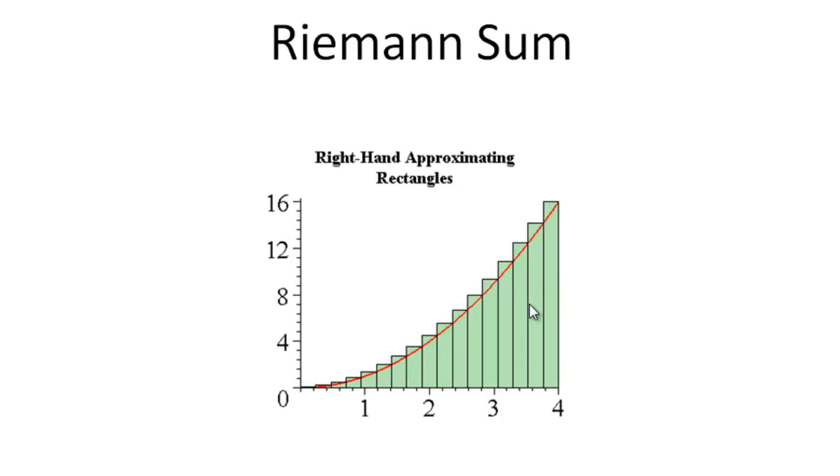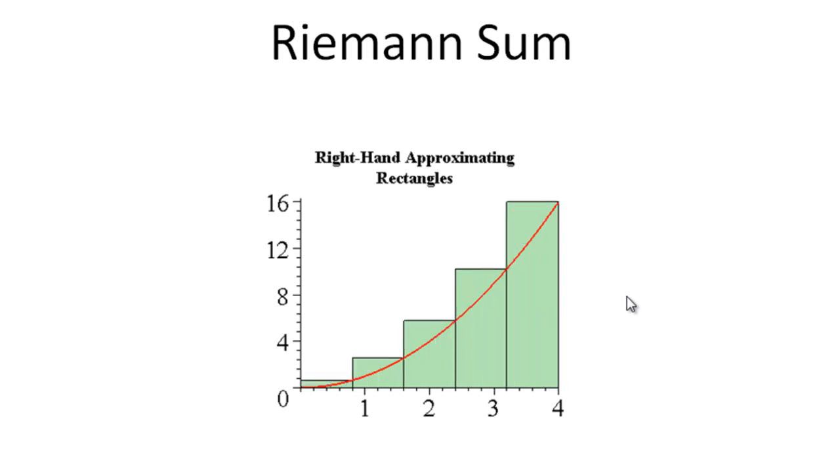Okay, there are four methods to create the Riemann sum. The first one is using the left endpoint. The second is the right endpoint. Another is the midpoint. And finally, the trapezoidal.